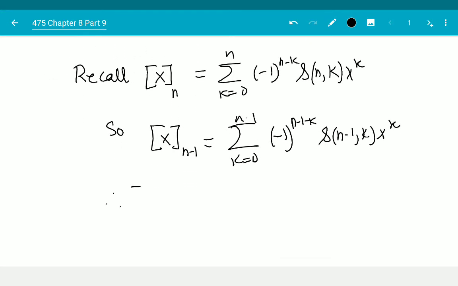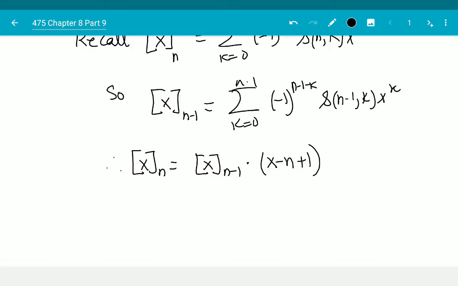Now, therefore, x_n is equal to x_{n minus 1} times x minus n plus 1. Right? If you expand these out, this product goes up to x minus n plus 2, and this one is up to x minus n plus 1.